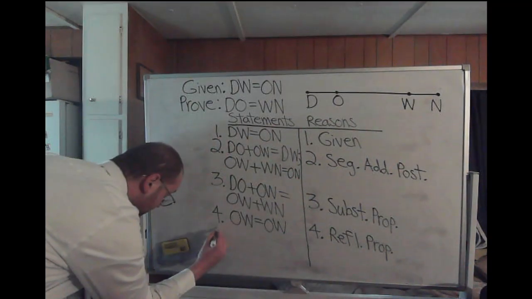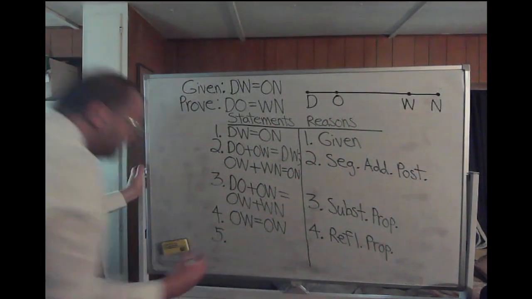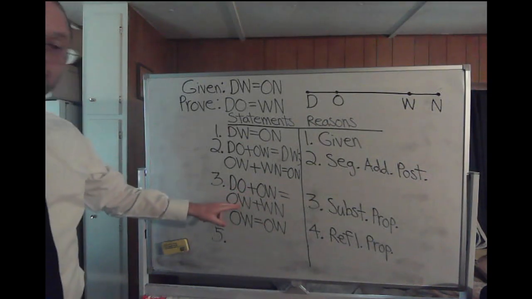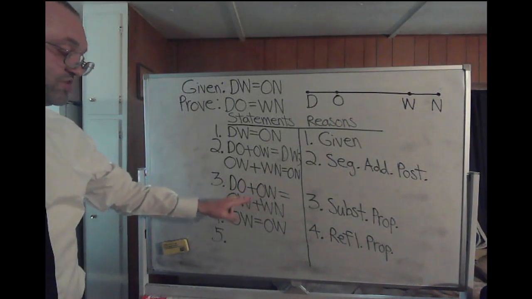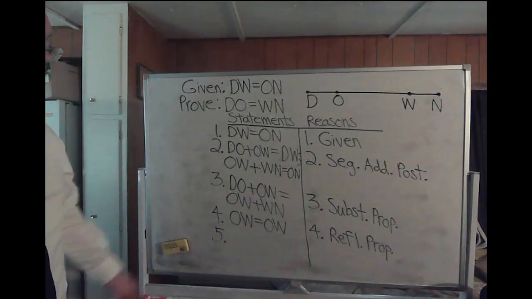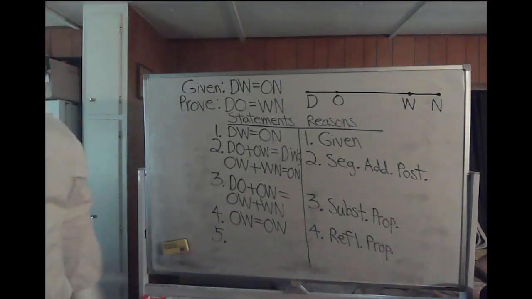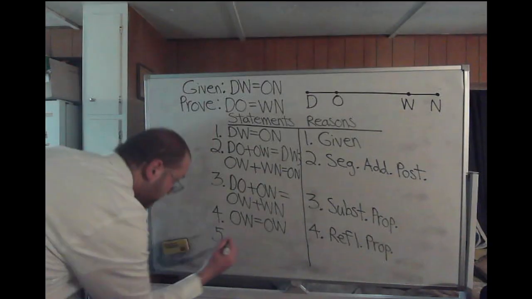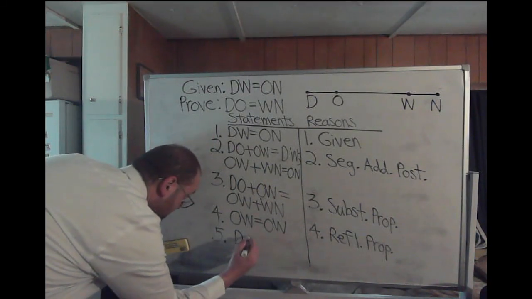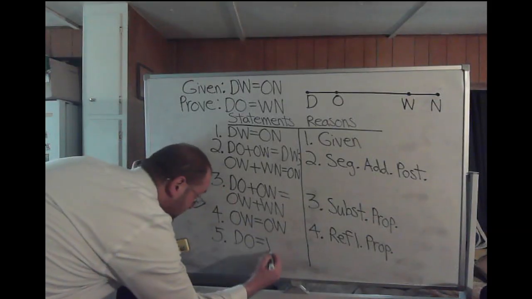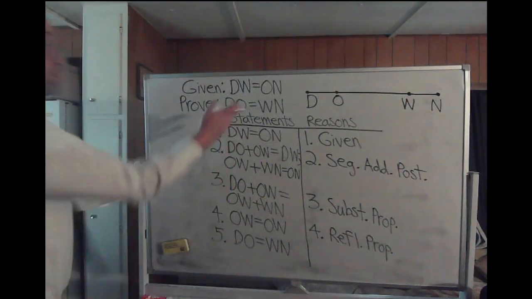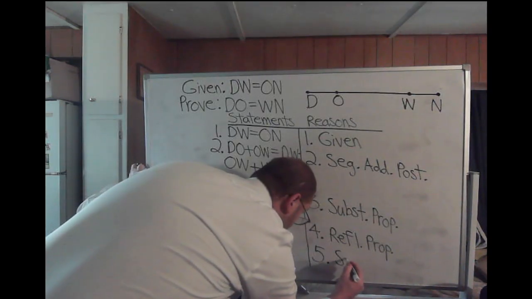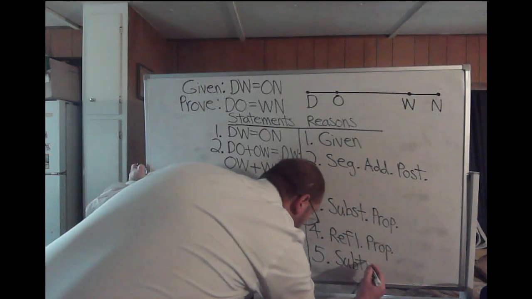So step 5, what we can do now, since we have both OWs on each side of the equation, can't we just subtract OW from both sides of the equation? If you subtract OW from both sides of the equation, you're left with DO equals WN. DO equals WN, and we subtracted, so this is going to be by the subtraction property.